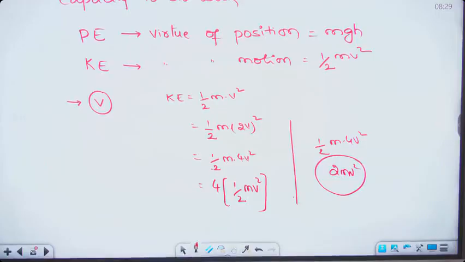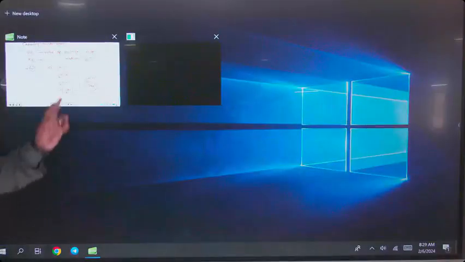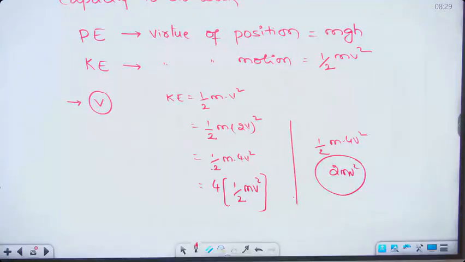Suppose that if mass is doubled, what is the change in kinetic energy? Right? Kinetic energy increases by 2 times if mass is doubled. And at the same time, kinetic energy increases by 4 times if velocity is doubled. At the same time, suppose that object height increase chese, what happens to potential energy?